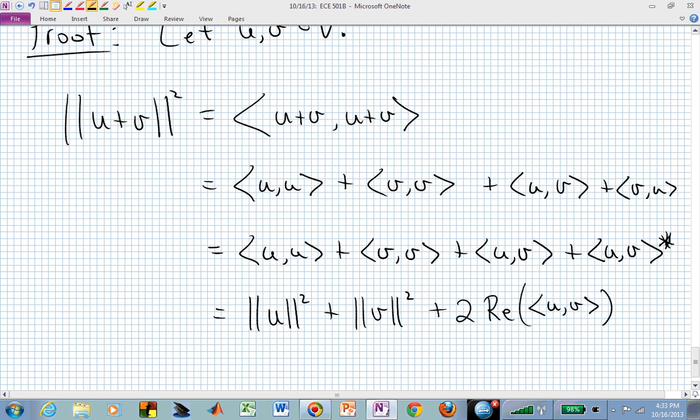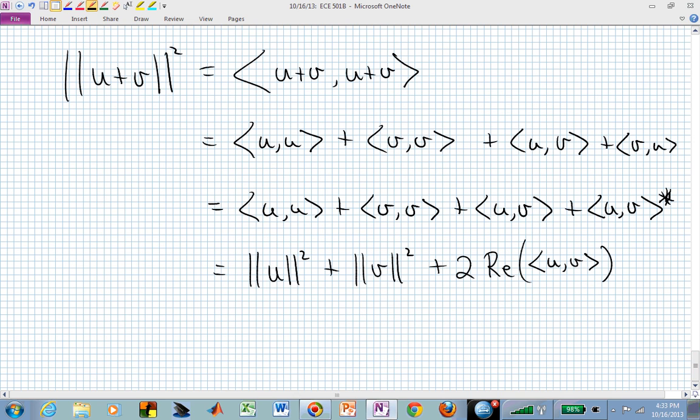But now what I want to do is I'm trying to put an inequality in here. If this inner product of u and v is a complex number, and now it has a real part and an imaginary part, right now I just have 2's of the reals. Well, what if I took 2's of the magnitude? That would have to be bigger, or at the best equal to the real piece, right?